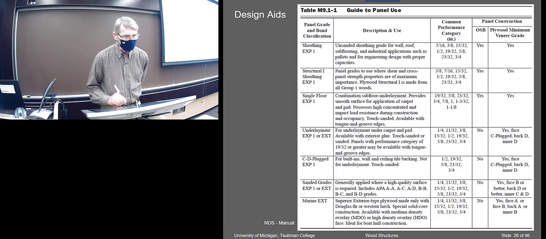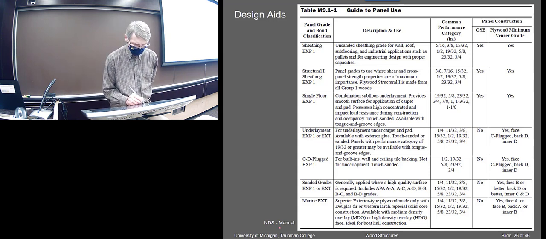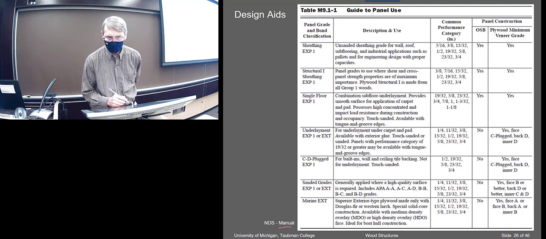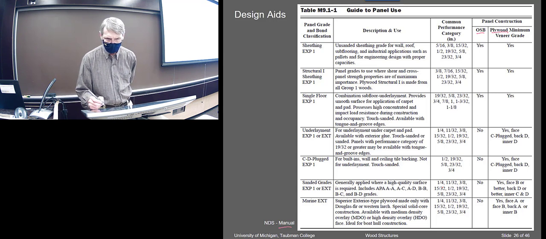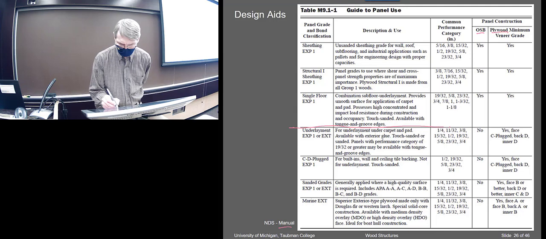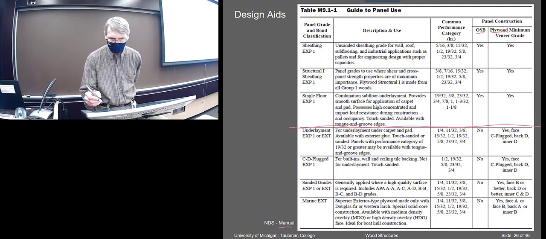Let's see what else we got. This is one that's out of the manual, and it's similar to those others. This again is comparing the OSB with the plywood, and you can see where they draw the line. This must be a very similar table to that other one.